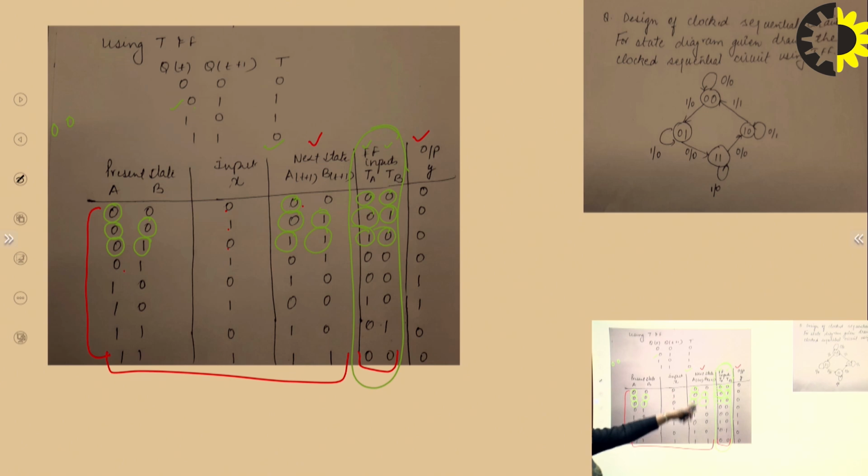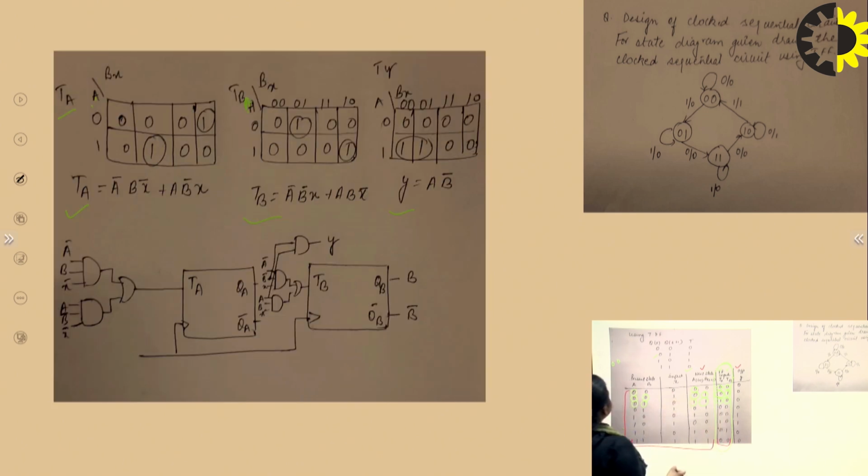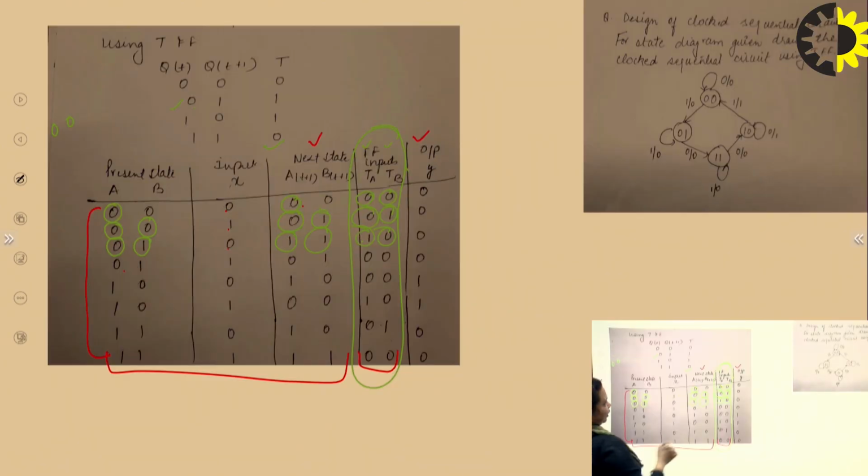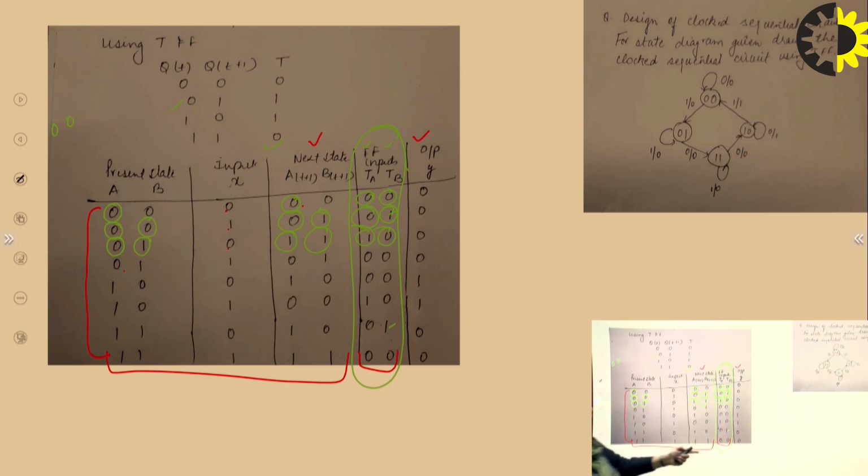For TA you have 1 at these 2 positions, so you write 1 only at these 2 positions. For TB you have 1 on these 2 positions. You will know how to write in the K map, right? Then for output Y you have 1 for these 2 conditions.